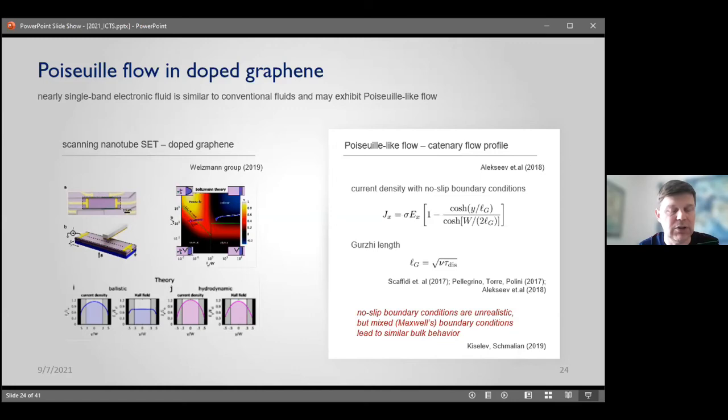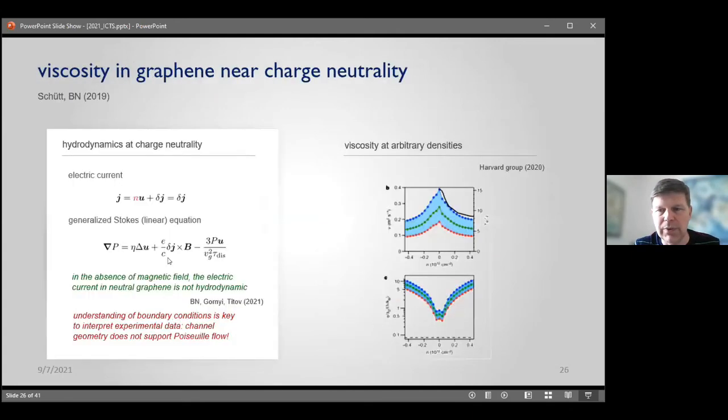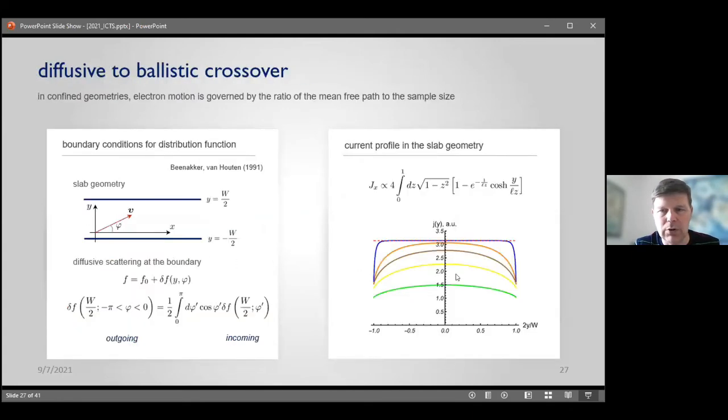So normally for non-interacting electrons, you look at this disorder mean free path and you compare it to the channel width, and by changing the channel width, you can observe the so-called ballistic to diffusive crossover, right? So that's something that I can show you here.